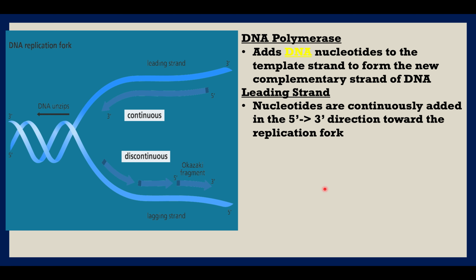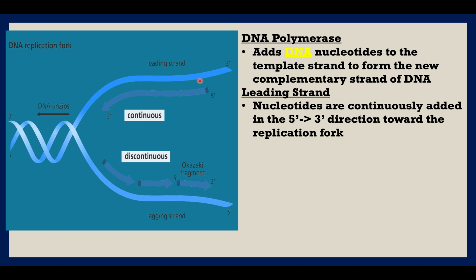Here is where we see the difference between the leading strand and the lagging strand. The names really tell you a lot of what's going on. On the leading strand, the nucleotides are continuously added in the 5' to 3' direction toward the replication fork. So, here we're looking at the leading strand.